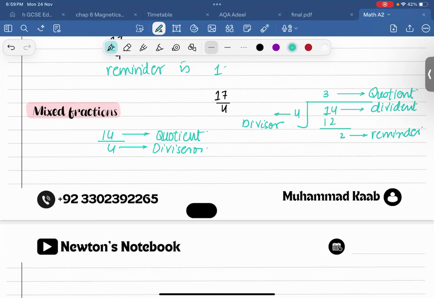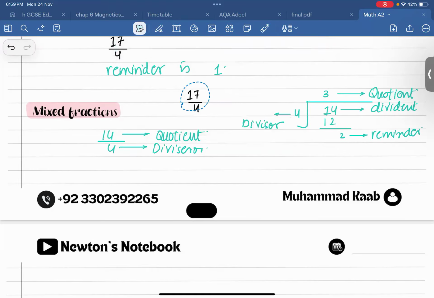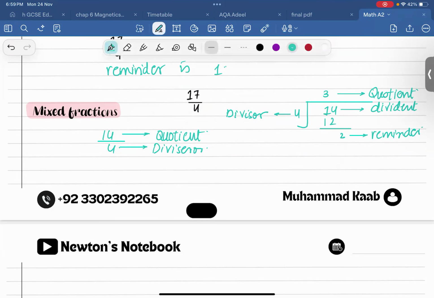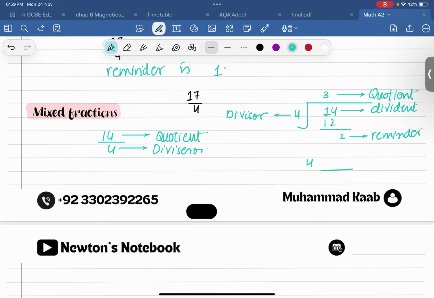After that, if we divide the way we did, I can rewrite 17 over 4 as 4 whole and then 3 over 4, so 4 in the denominator, and 4 whole, and then we have 3, right?